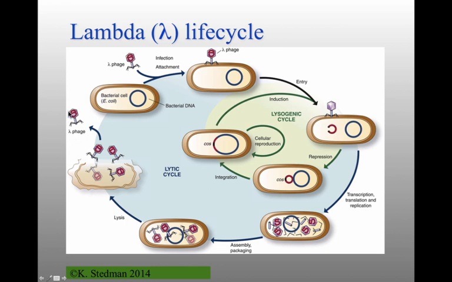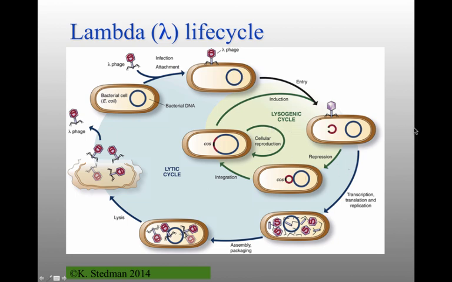Or, and this is the neat thing about Lambda, it can go into this lysogenic cycle where the viral genome gets integrated into the host genome, and it just hangs out inside the cell, inside the host genome. And so it's really this decision right here, when infection takes place, whether to undergo this lysogenic cycle or this lytic cycle.